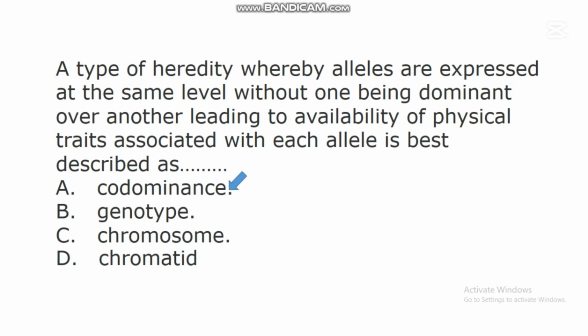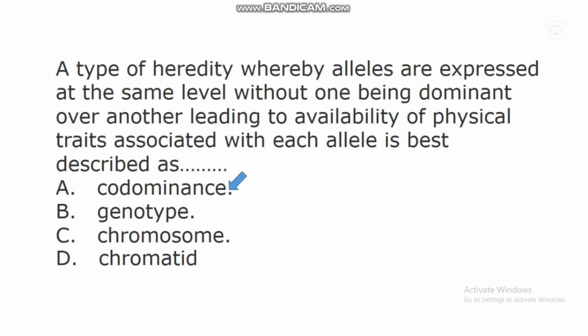Codominance. This codominance is a type of heredity whereby alleles, that's different versions of genes, are expressed at the same level in such a way that there will be no gene that is dominant over one another. And this type of inheritance pattern can lead to availability of phenotype or physical traits associated with each allele.